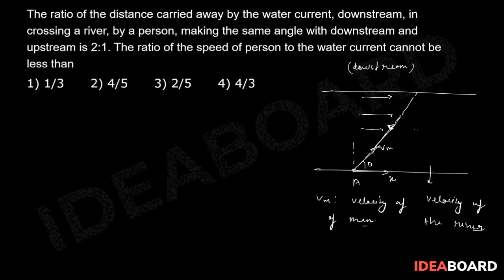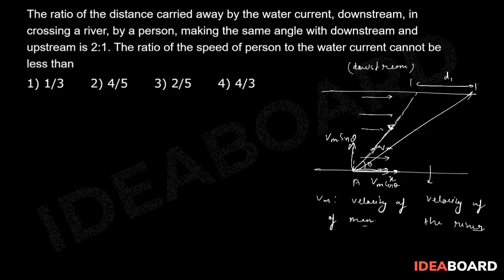and the river is flowing with velocity x. So this is x. The downstream case says one component is coming along the river's velocity. If you do the component analysis for man, this will be Vm sin theta, and here it will become Vm cos theta, and the net will be somewhere in this direction finally. Of course this is the carried distance. Let us say this is d1.